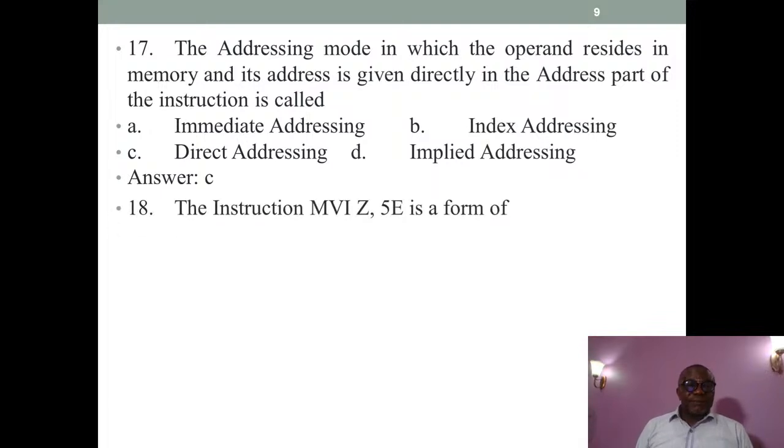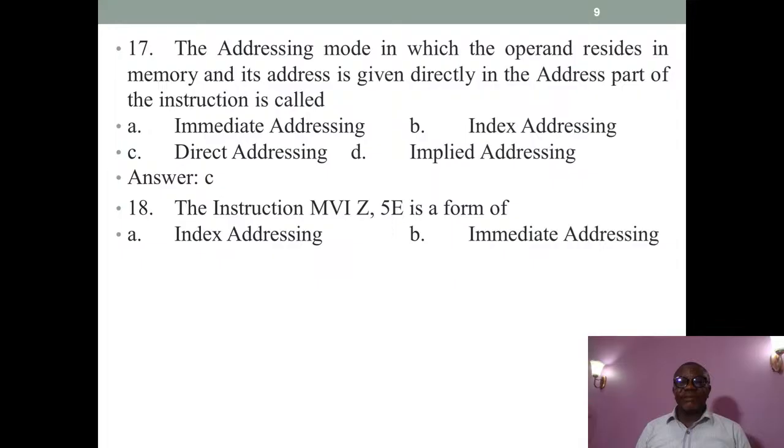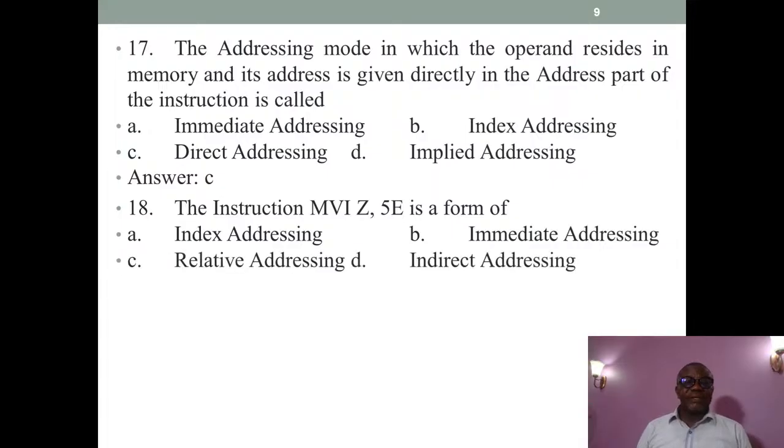For instance, the instruction MVI Z 5E is a form of: index addressing, immediate addressing, relative addressing, indirect addressing. It is a form of immediate addressing because MVI means move immediate the number 5E in hexadecimal to the register Z. That is just that command.